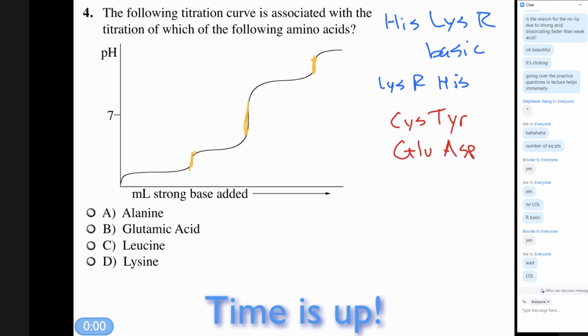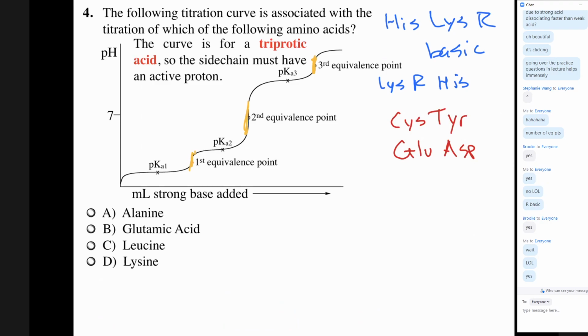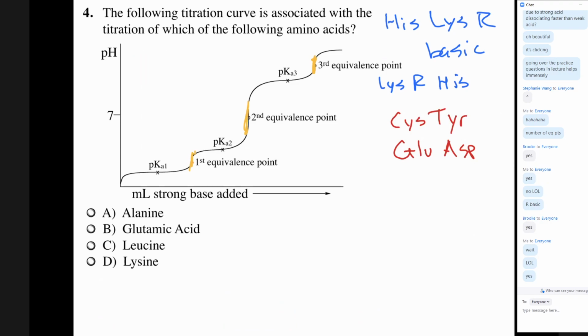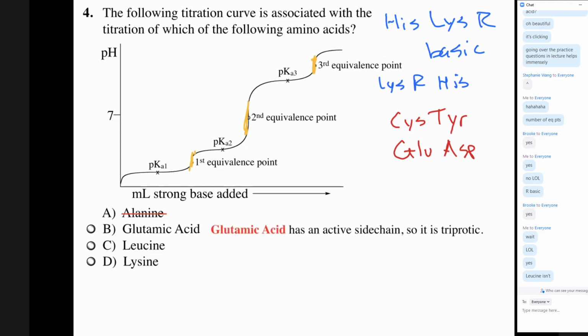So these are the ones that are triprotic. These are the 2 that we think of as acidic. These are the 3 we think of as basic. So can I get rid of alanine? Because it's not one of these. Okay, so alanine is diprotic. It is gone. Glutamic acid is one of these, so that's possible. Do I love leucine?